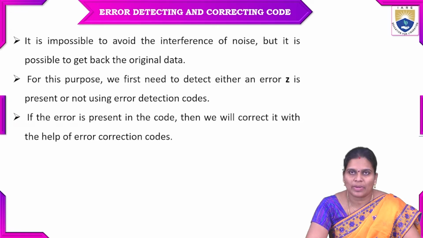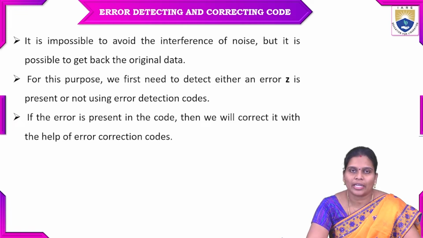For this purpose we use the error detecting code. For example, we transmit the data from the transmitter to the receiver, and the receiver receives the data. We can check whether the data is correct or not, so that the error can be corrected. That is the error correcting code.